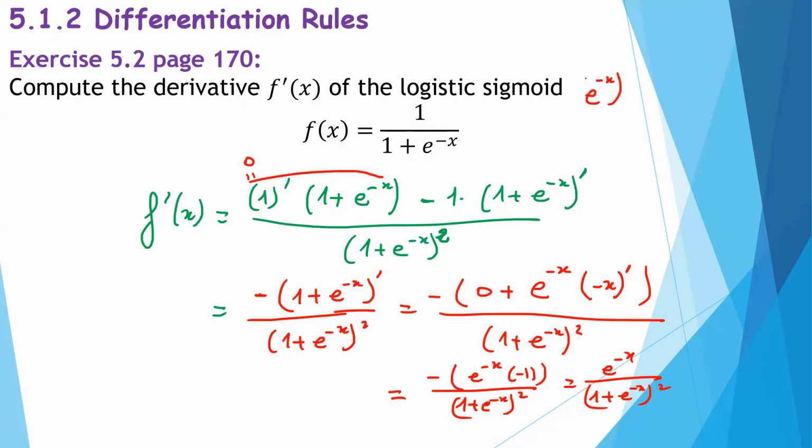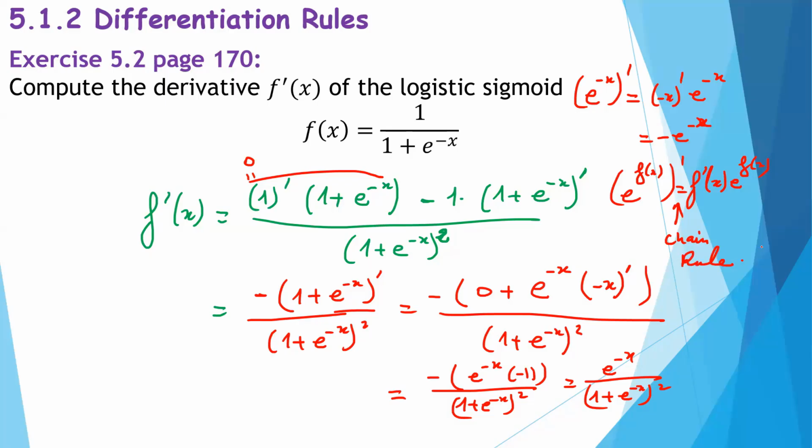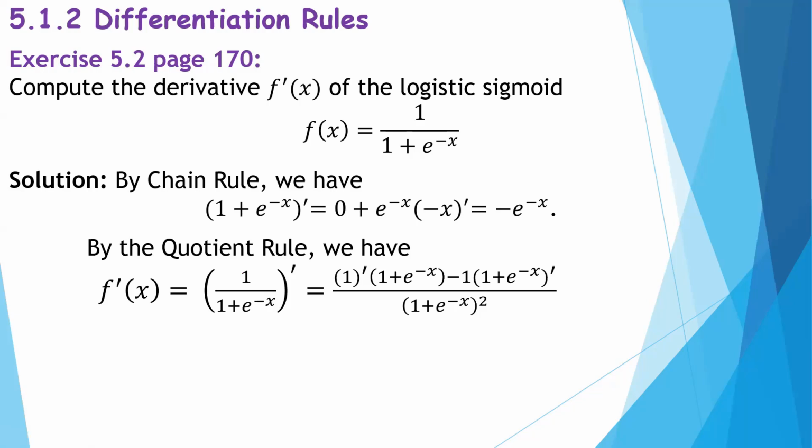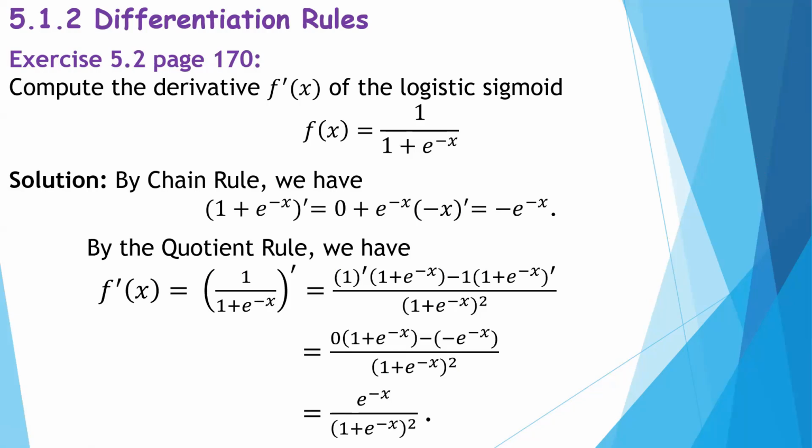Be careful here: the derivative of e to the minus x is minus x prime times e to the minus x, so it's minus e to the minus x. The derivative of the exponential of any function is f prime times exponential of f of x, using the chain rule. Did you get it? So this is how it works with details, and this is the final result.